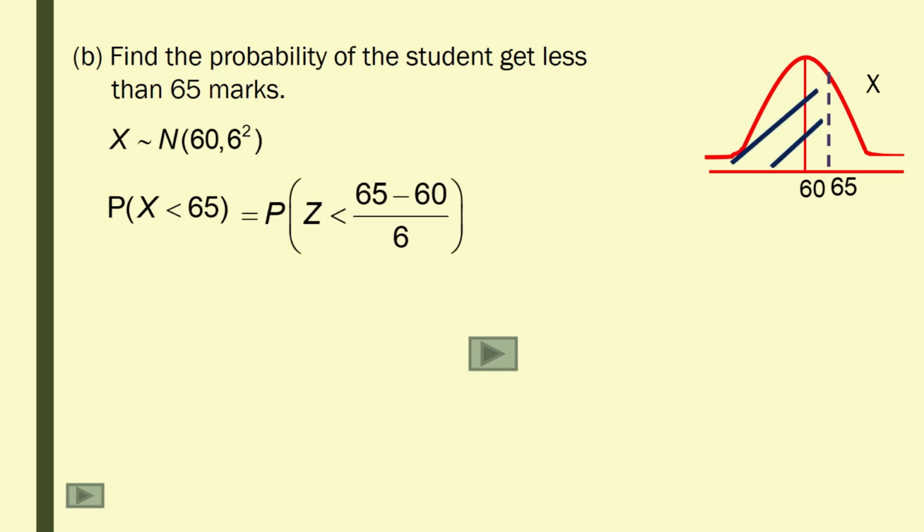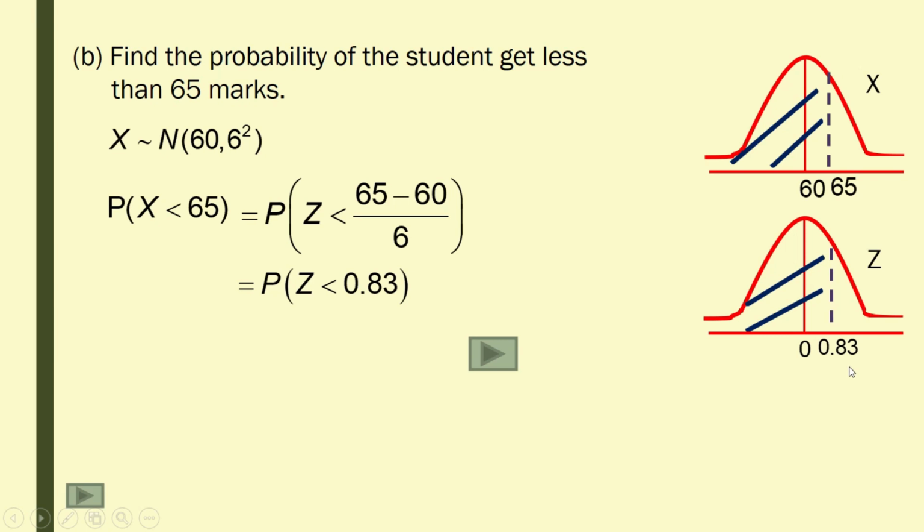Okay, we change to standard normal distribution. We get P(Z < (65 − 60)/6), and the answer is P(Z < 0.83). And then we draw the Z distribution with mean 0 and 65 becomes 0.83.